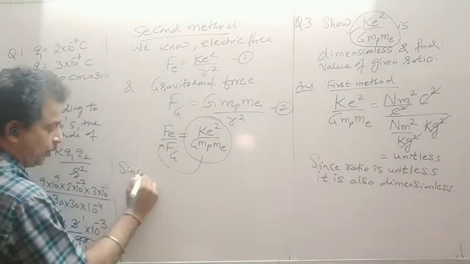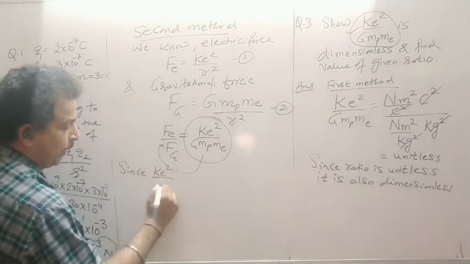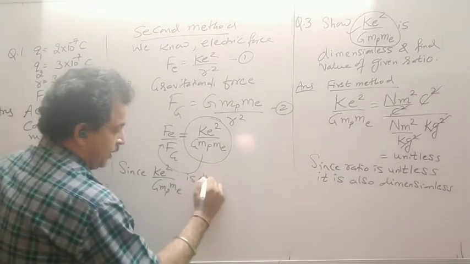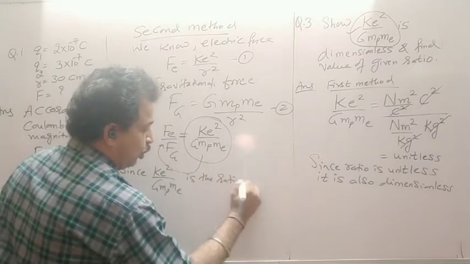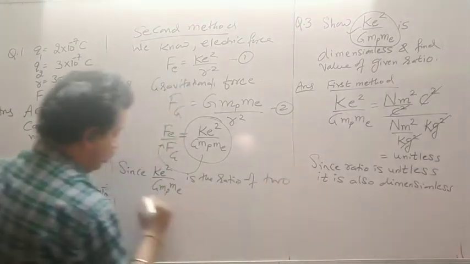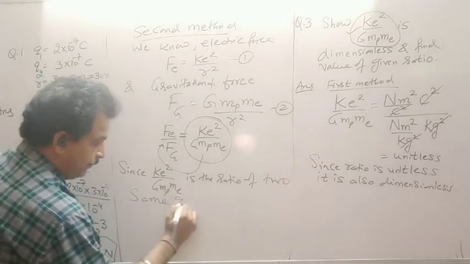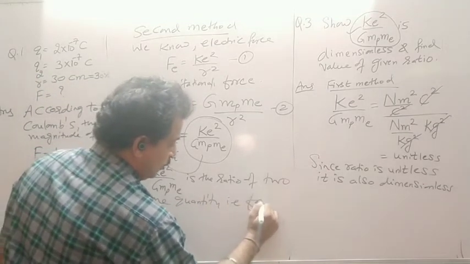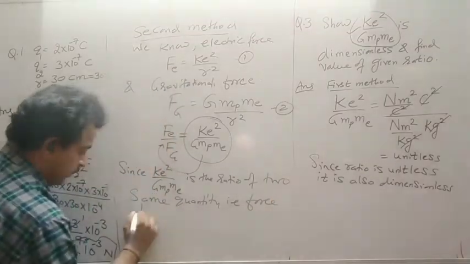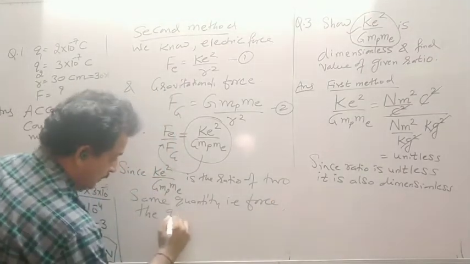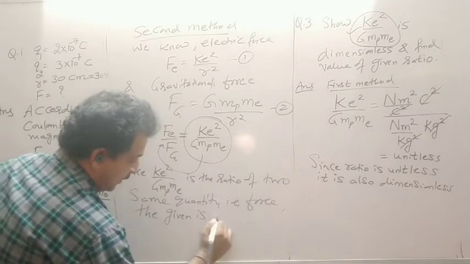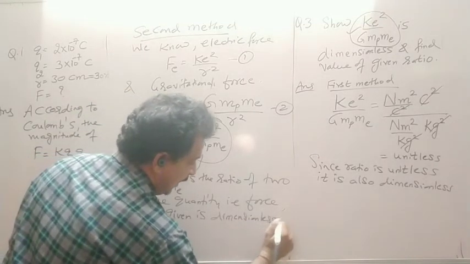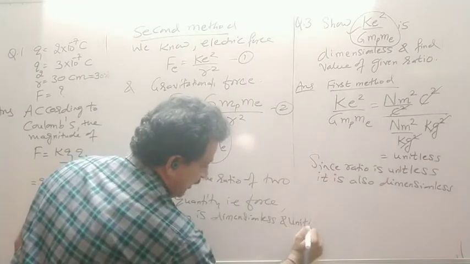So now we write the conclusion: since K e square upon G Mp Me is the ratio of two same quantities, that is force, the given ratio is dimensionless and unitless.